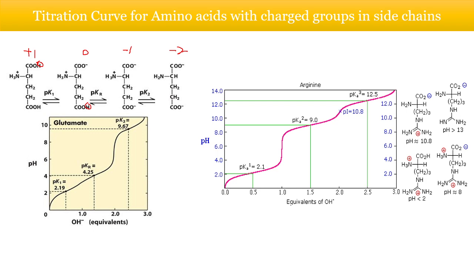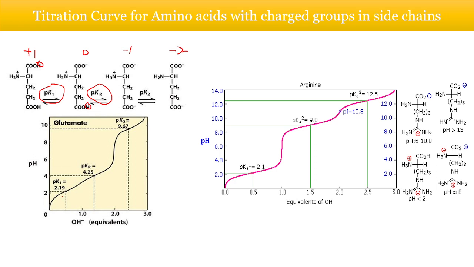The 2 pKs we consider are pK1 and pKr. We add these 2 and divide by 2, and we get the ultimate PI.